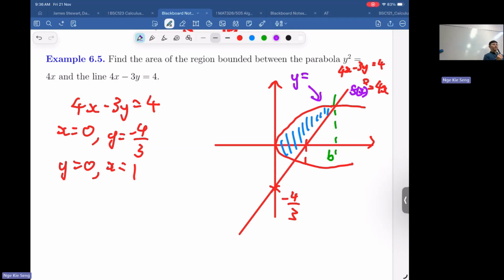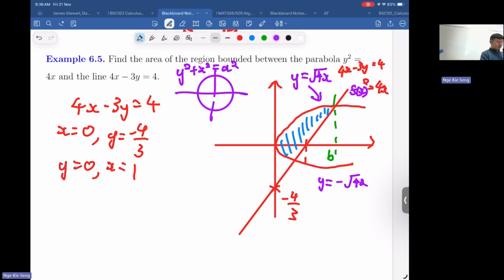How do you get from square to non-square? Square root, right? Okay, but there are two choices, right? Either positive or negative. So you will get y equals square root of 4x and y equals negative square root of 4x. Do you still remember the circle? So your circle equation is y squared plus x squared equals some radius squared.